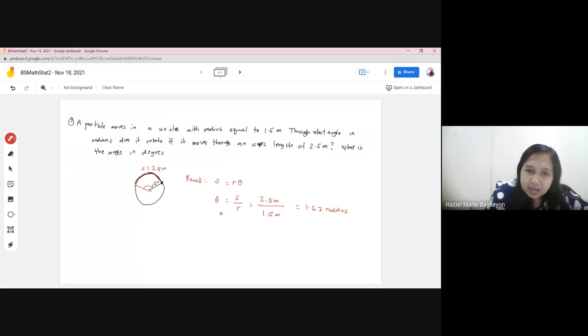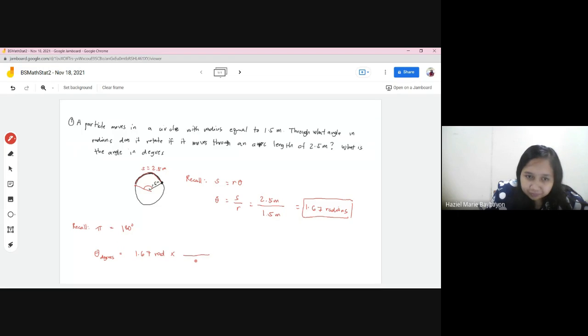Okay, and then after this, we will convert this angle into degrees. So take note that we have pi radians is equal to 180 degrees. Okay, so theta in degrees is equal to 1.67 radians multiplied by our conversion factor.